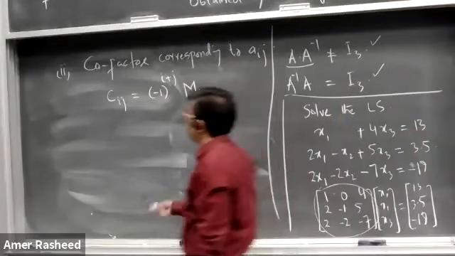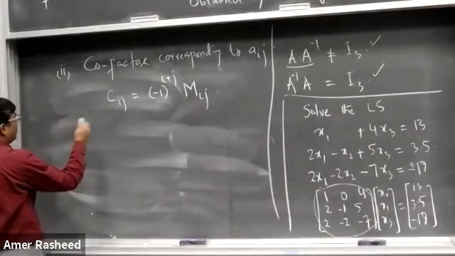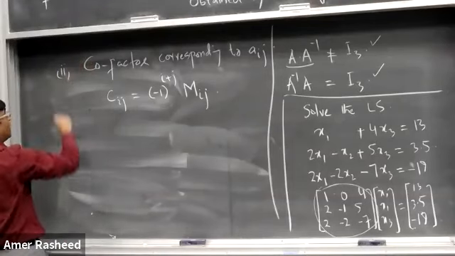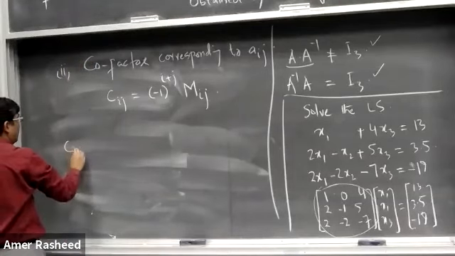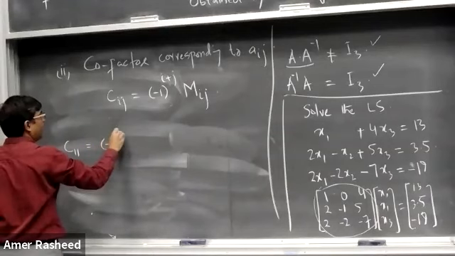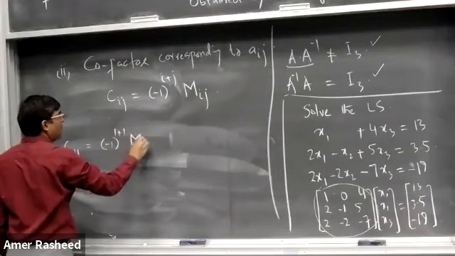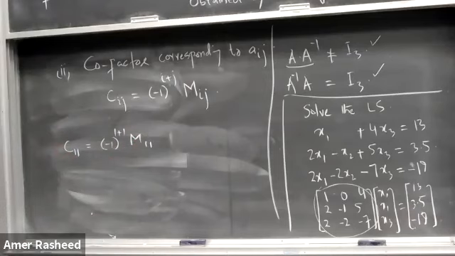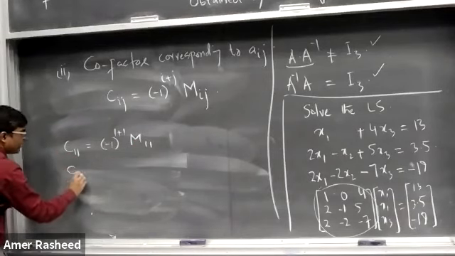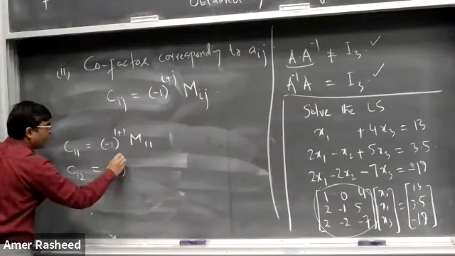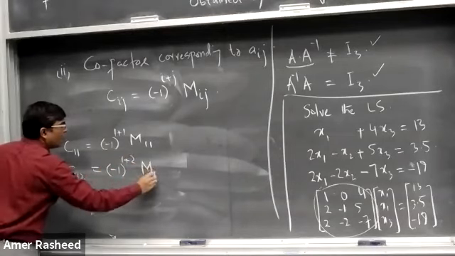You can find all the cofactors corresponding to that matrix. For example, C11 is what? It is -1 power 1 plus 1 times M11. Similarly, you can find C12, which is -1 power 1 plus 2, M12.